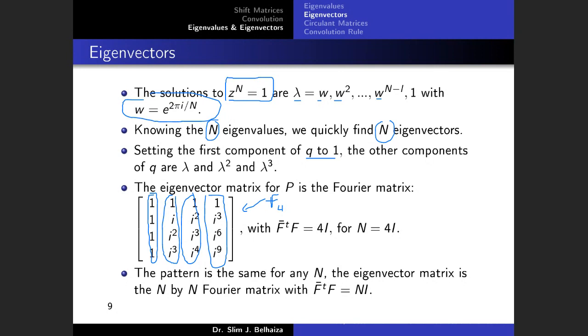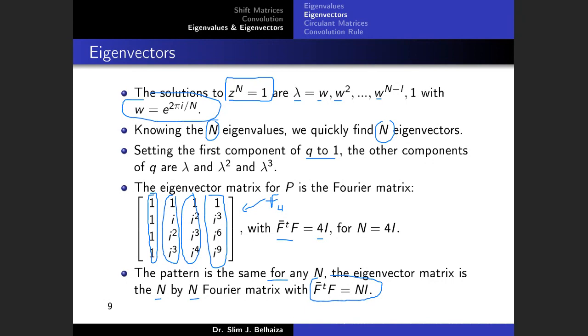And you can easily check that the conjugate transpose of F multiplied by F gives you 4I, or in general, you can say that the conjugate transpose of F times F gives you nI. And the pattern is the same for any n. The eigenvector matrix is exactly the n by n Fourier matrix, with F conjugate transpose times F giving you nI.